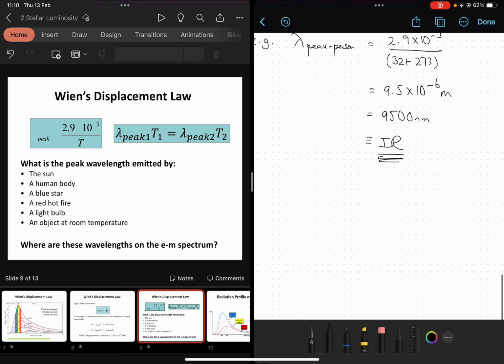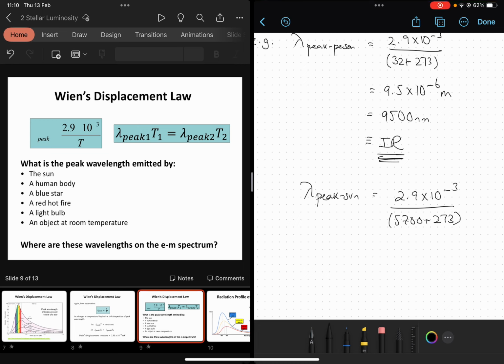Okay, you could do a similar calculation and compare this to the sun. And remember, we noted that that was in the green region. So let's just check that that's consistent when we do this calculation. So the surface of the sun is about 5,700 Kelvin.